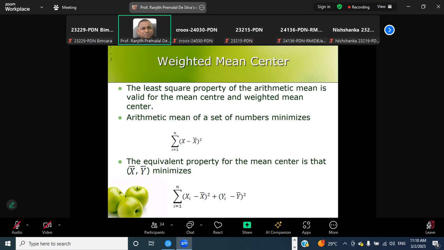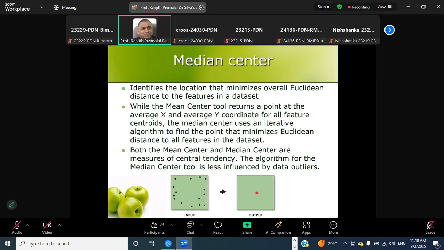If you add the squared x distance plus the squared y distance together, it minimizes that at the mean center. But look at this median center: not the squared x distance and squared y distance. It minimizes overall Euclidean distance.